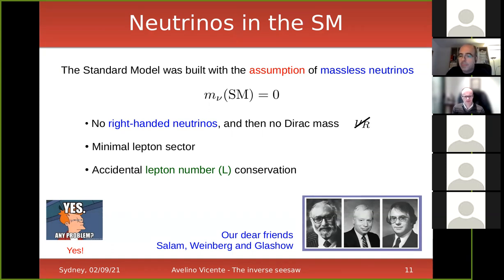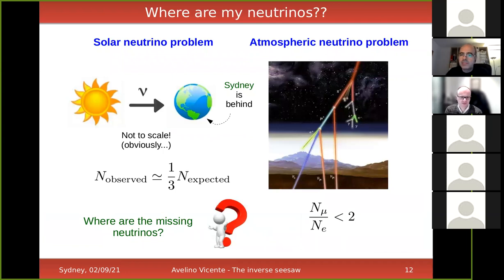And well, this is a problem nowadays because we have several observations that already started in the 60s, 70s, when people started looking for neutrinos basically everywhere. For example, from the sun, the neutrinos are produced copiously in nuclear reactions in the sun.